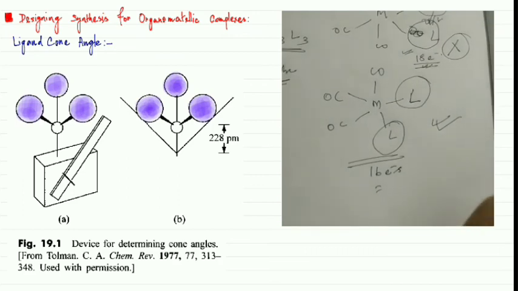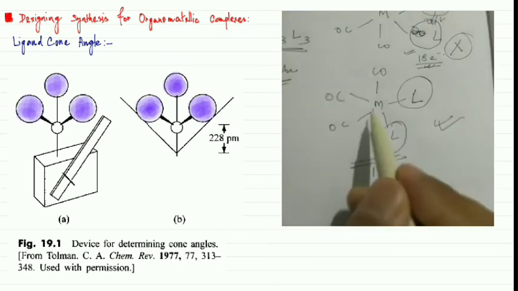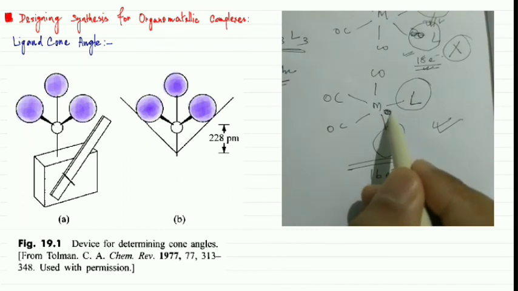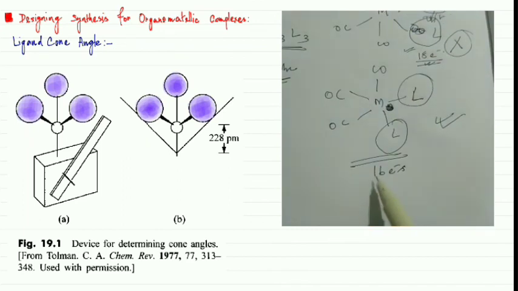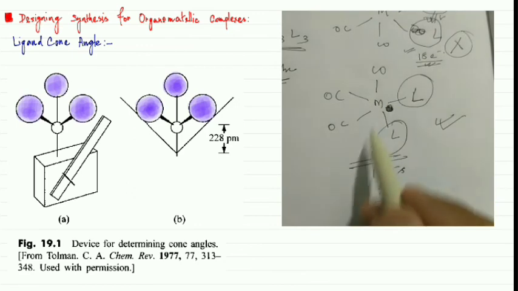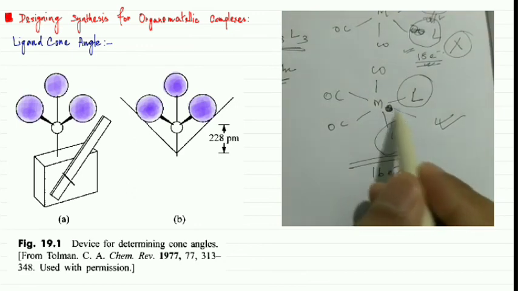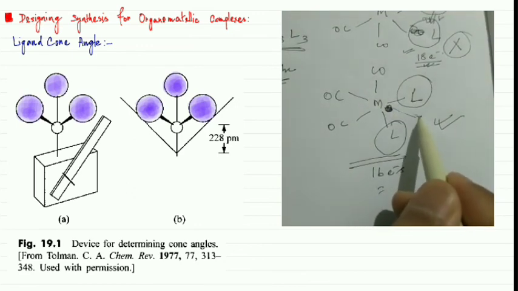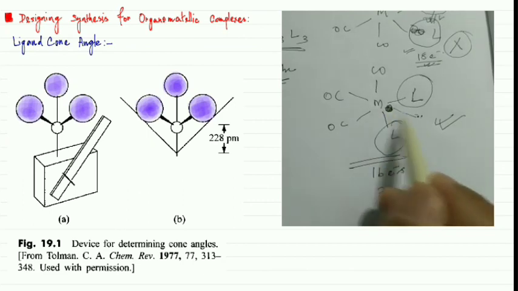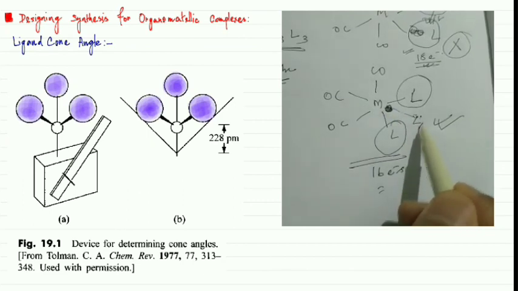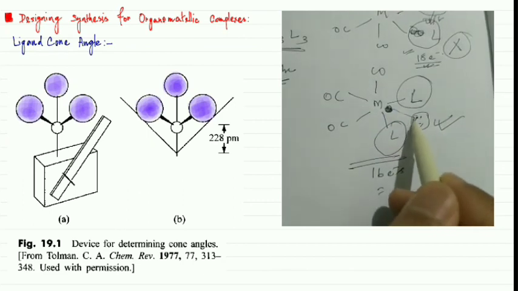Okay, understand? But here one vacant site is there, because 16 electrons is present. So if you want to introduce a new ligand here, and if the ligand is very small, then it is possible.